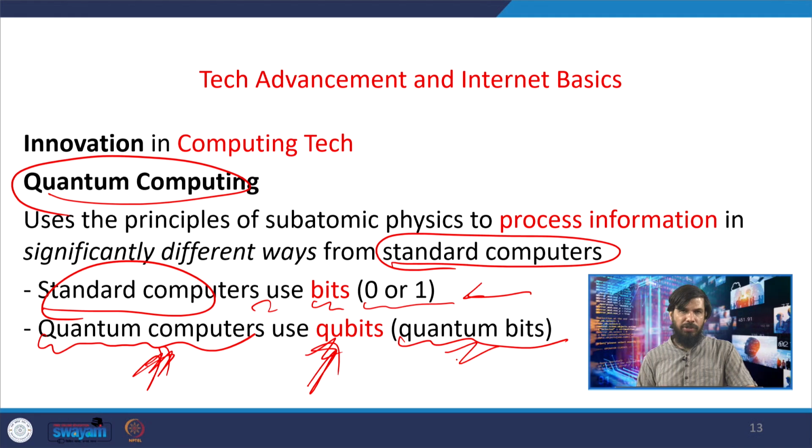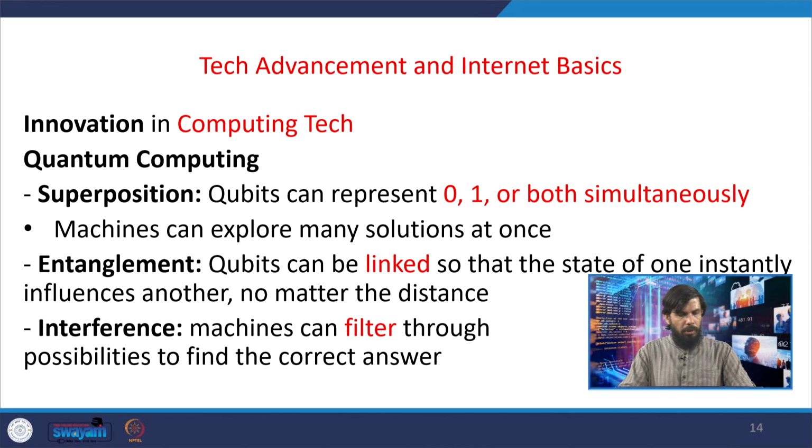There are more than 2 states, and because of the existence of more than 2 states, there are more possibilities, and therefore there can be an exponential increase in computing capacity in the case of quantum computers.